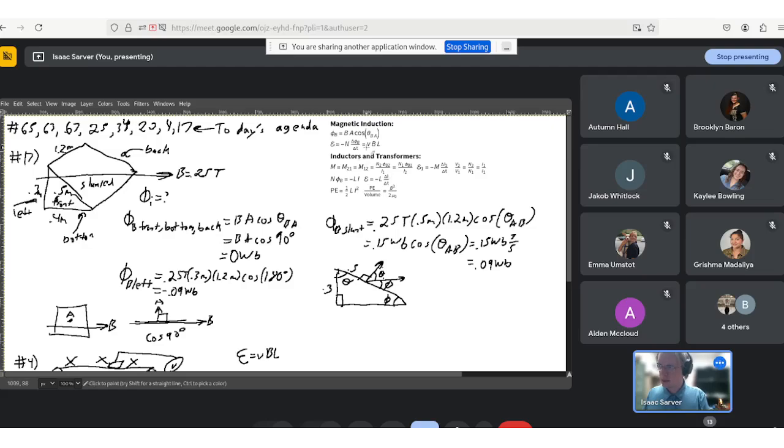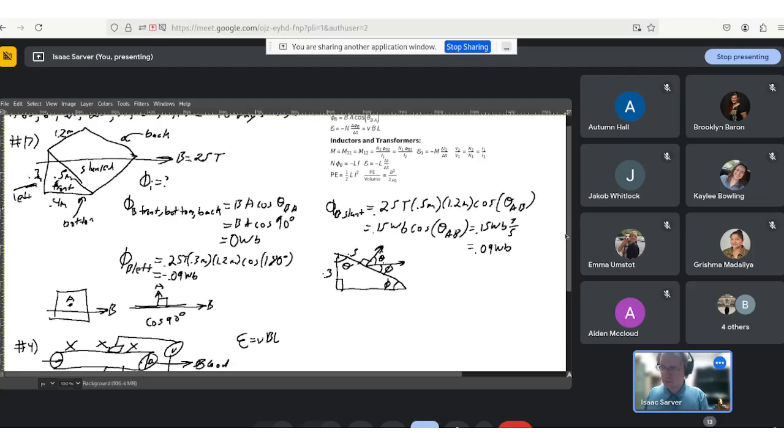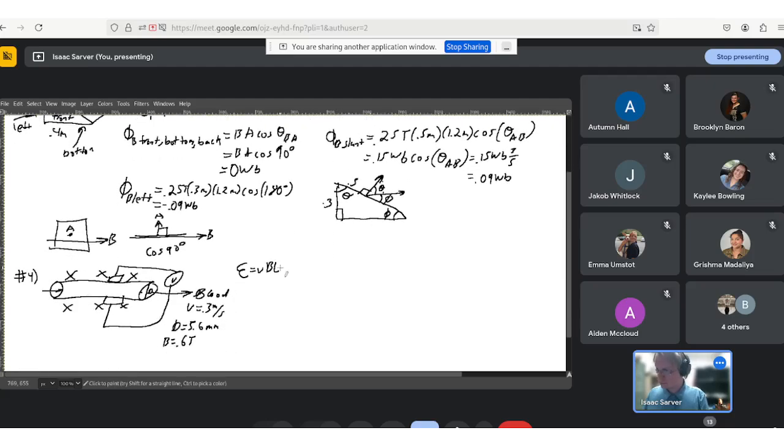There it is, vBL. So we've got a velocity of 0.3 meters per second, a magnetic field of 0.6 Tesla, and a diameter from side to side of 5.6 millimeters.